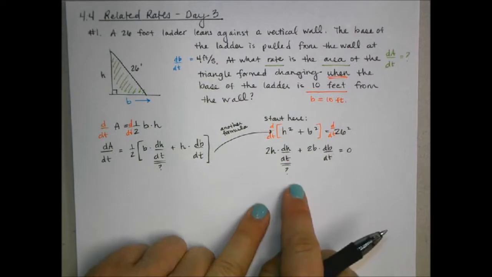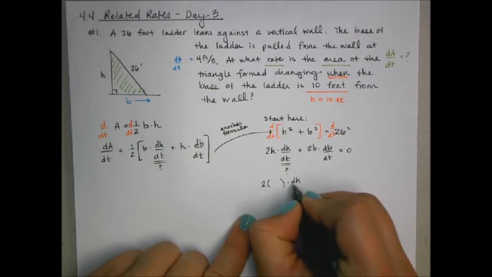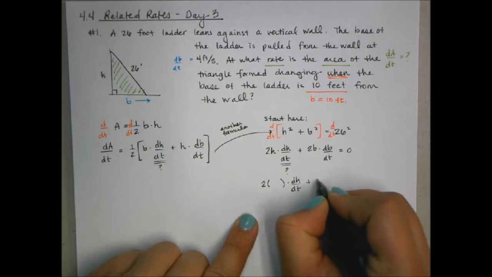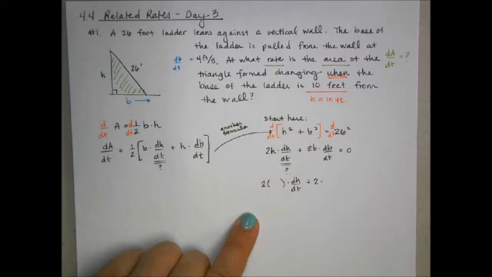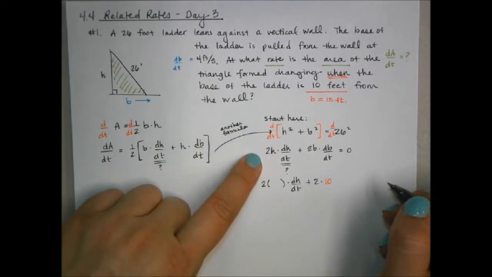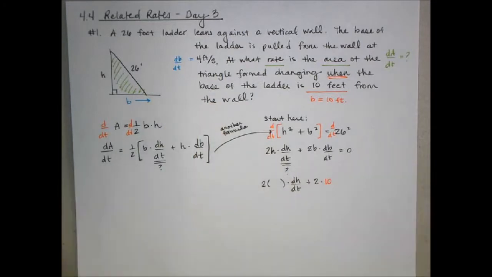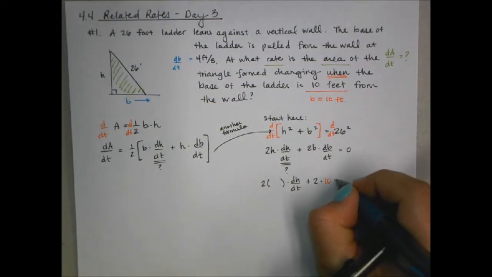All right. So 2 times h dH/dt plus 2 times b is 10. So remember, now that I've taken my derivative, I'm good to use the 10 here. And dB/dt is 4. So times 4 equals 0.